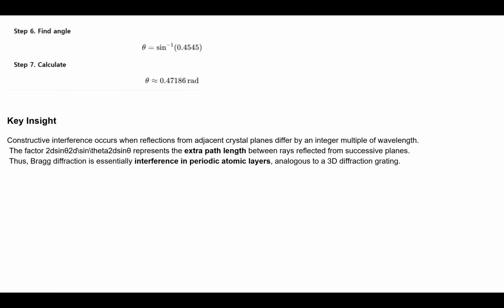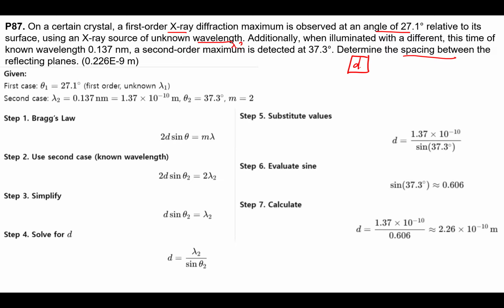And then another X-ray diffraction problem. So we have an X-ray, an angle is given, and the wavelength is not known. Determine the spacing between the reflecting planes, D. The first case is theta 1 is 27.1.